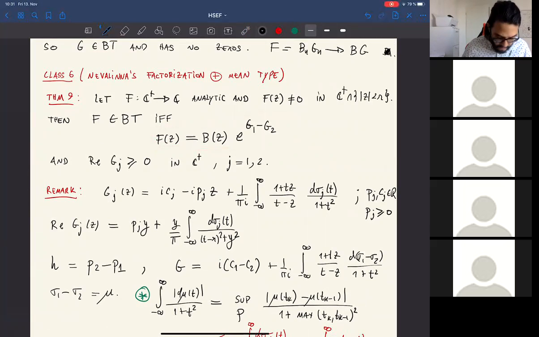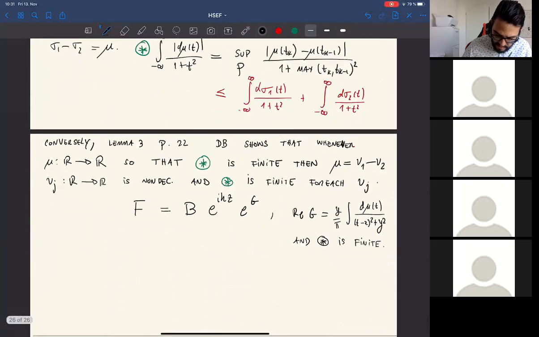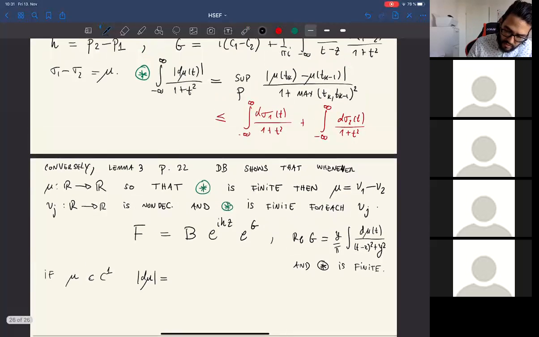Another comment is that, in this converse part, if mu is, let's say, C1, it could be just absolutely continuous, but let's say C1, then the mu t is just this measure here, which is the measure that I'm using in this definition, exactly just mu, the moduli of the derivative, let's say dx.